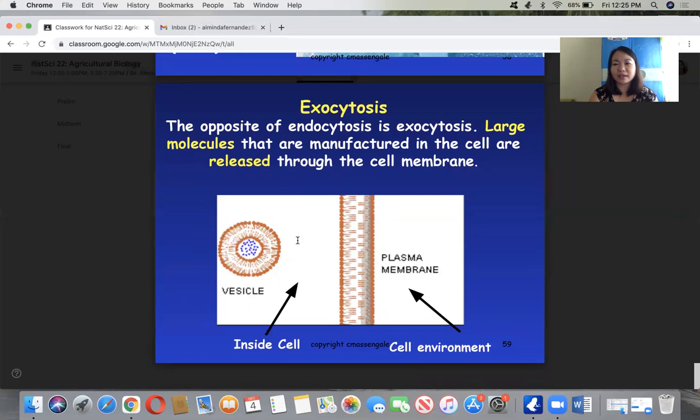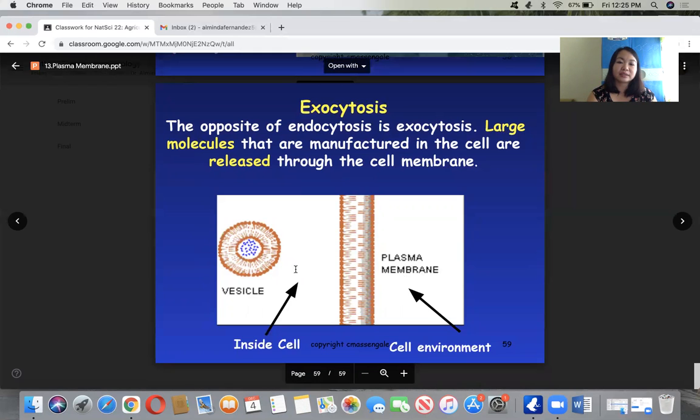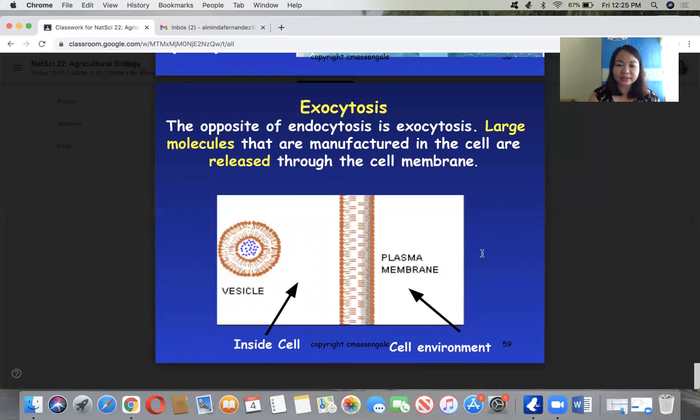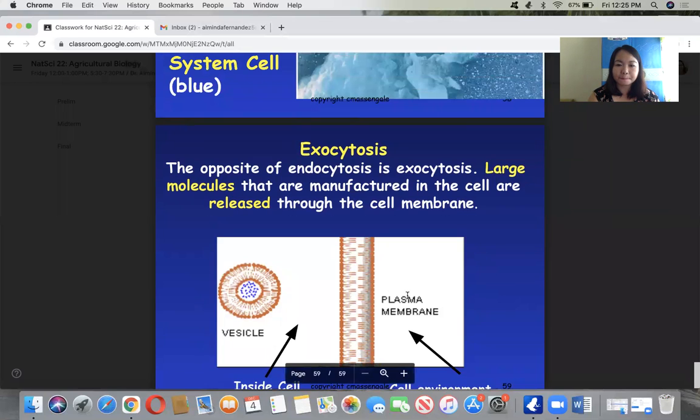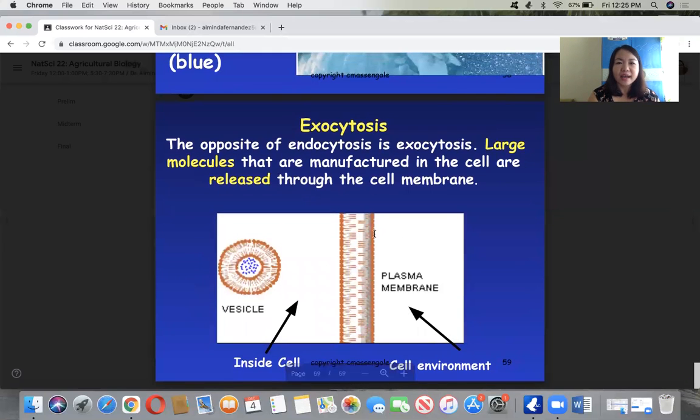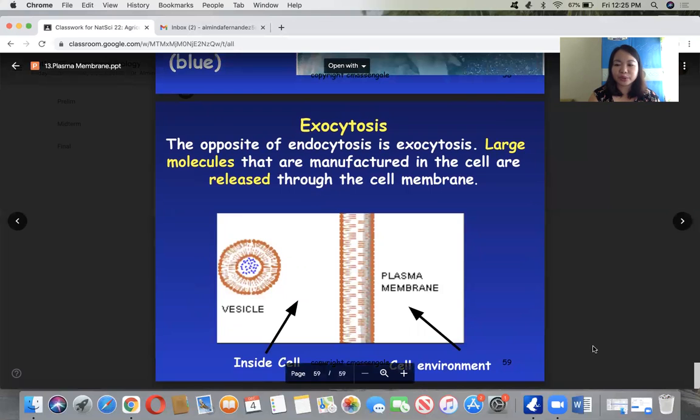This is exocytosis, wherein they take the molecules out of the cell, just the opposite of endocytosis.